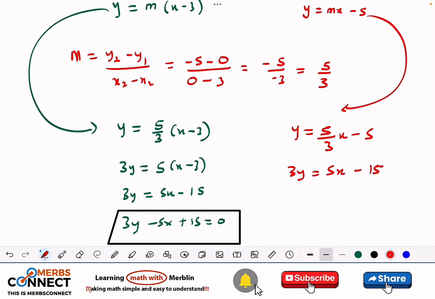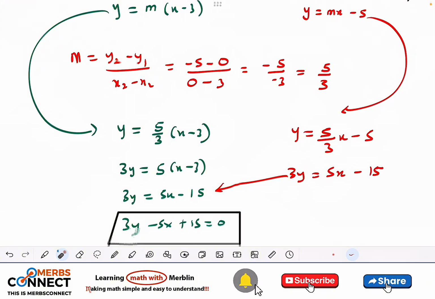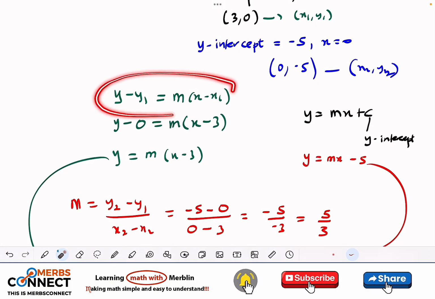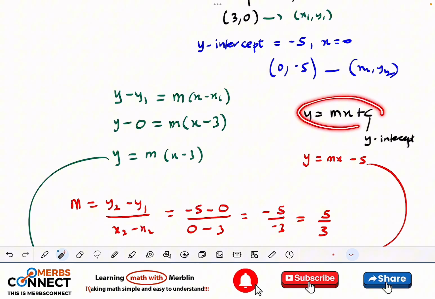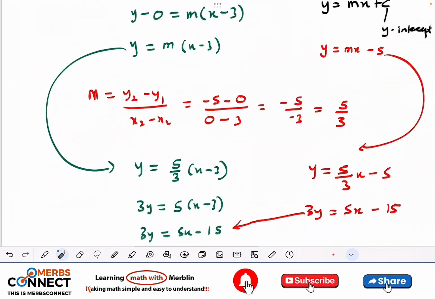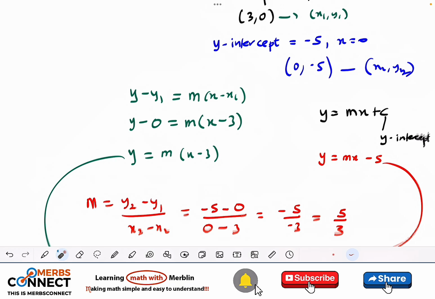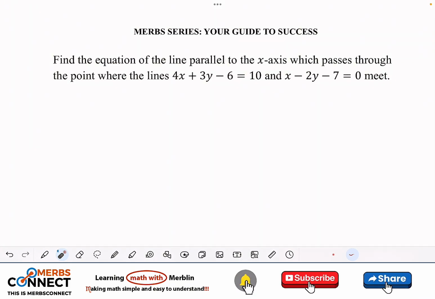And we can see that without even simplifying it, we have this one being the same as this. So we can use this equation of the line or this equation of the line, and we use this when we know the y-intercept. So that is the first thing that we are going to do here. This is the equation of the line. Let's look at the next question.